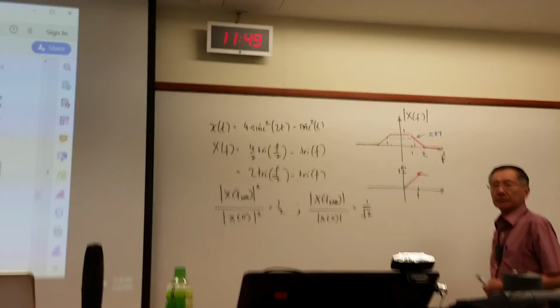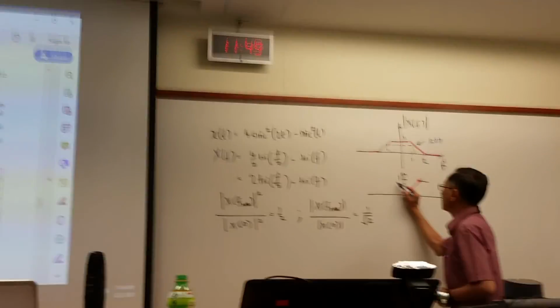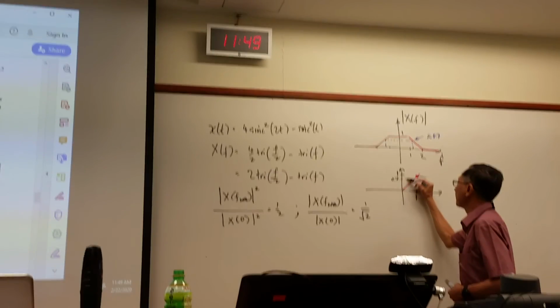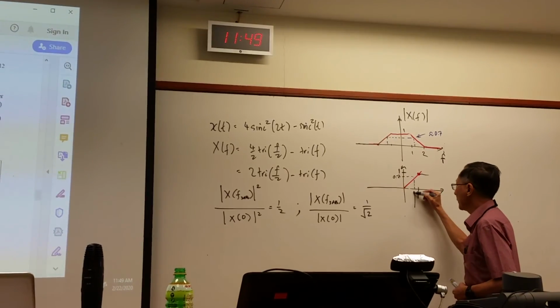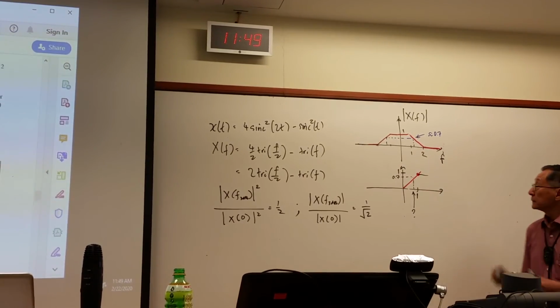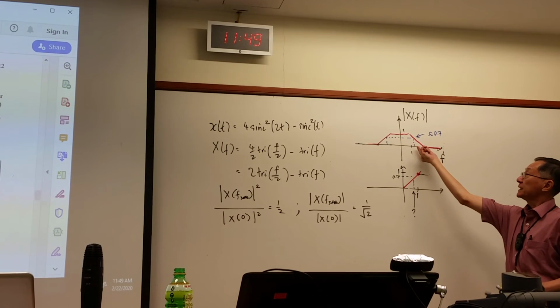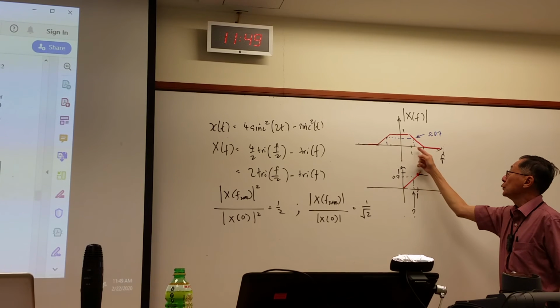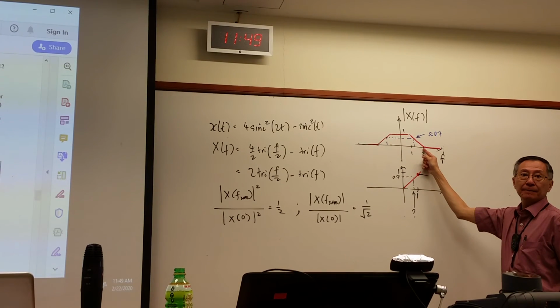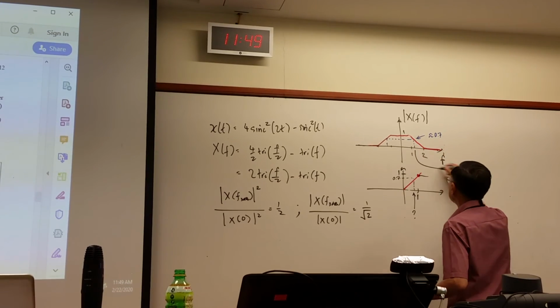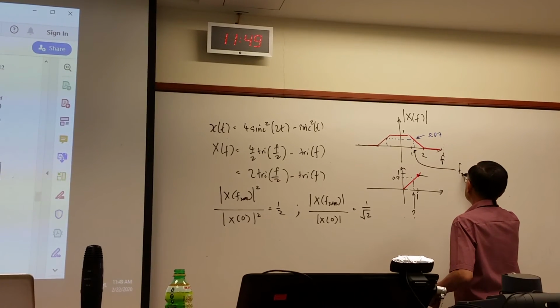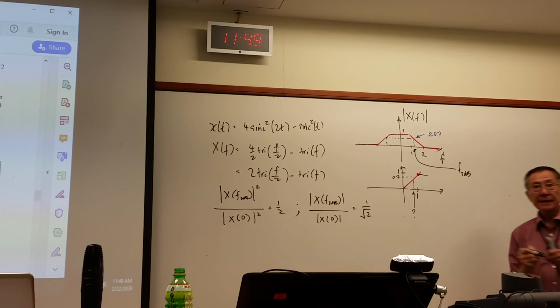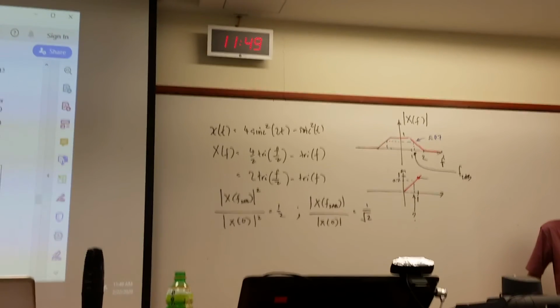And I want to come down to 0.7. I want to find where this is. Because if I can find where it is, I know this distance, and then it will be 2 minus this distance, because that's what I want to find. This point here is my f 3 dB. Do you understand?